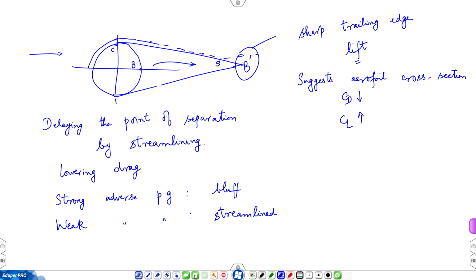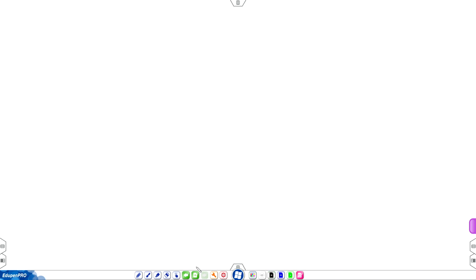Let us look at one more possibility. So, let us start with a flat plate boundary layer.